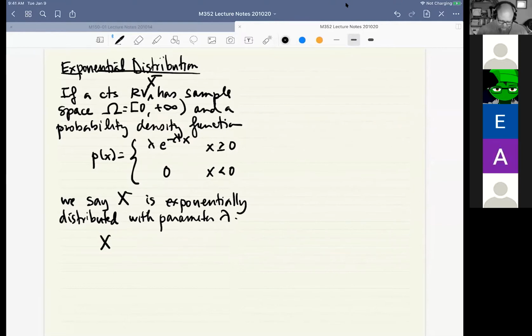Okay, and we can write x is distributed exponentially with parameter lambda. So if p is the PDF, then the CDF is this. I can let you do the derivation.